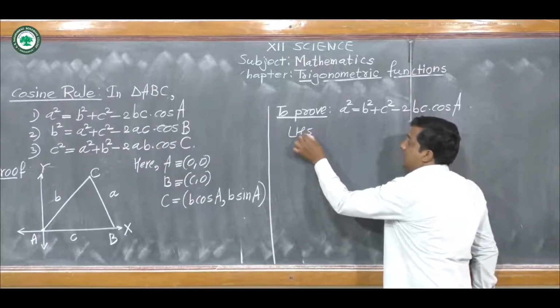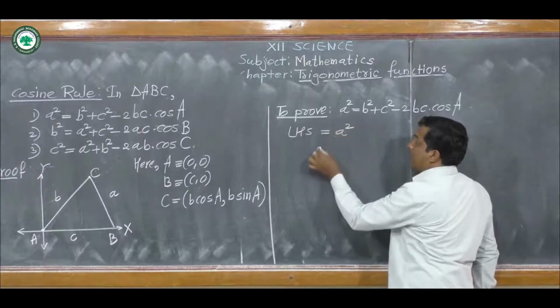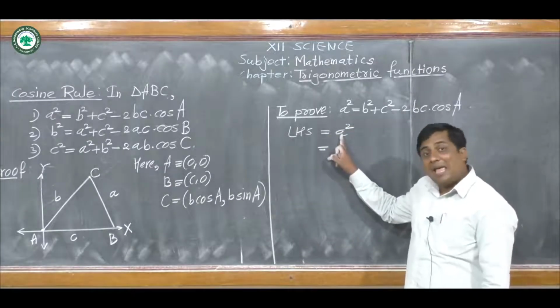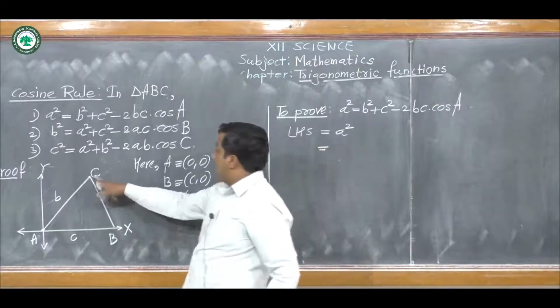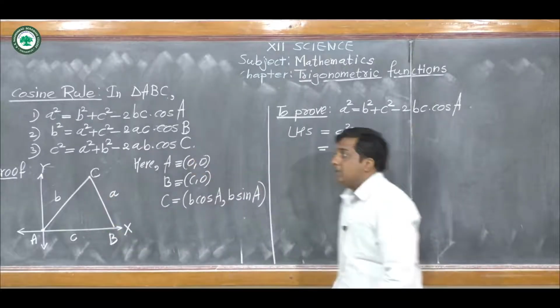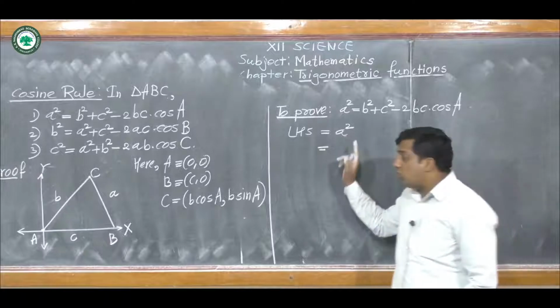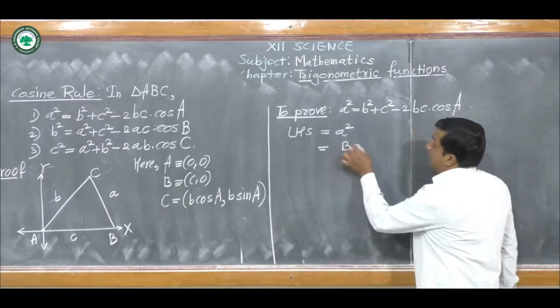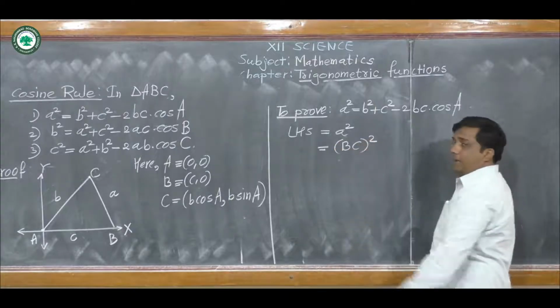Here LHS is a square. We know a is the length of the side BC. I repeat, a is the length of the side BC, so I write BC square.